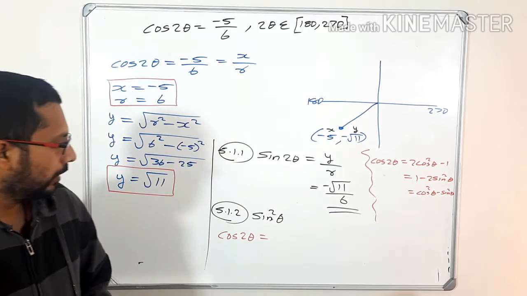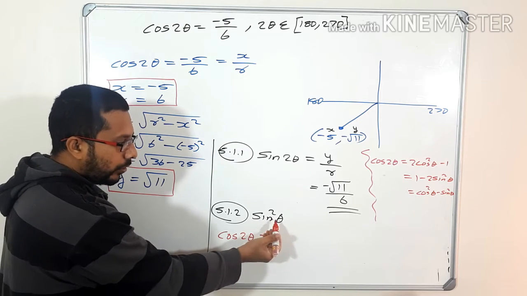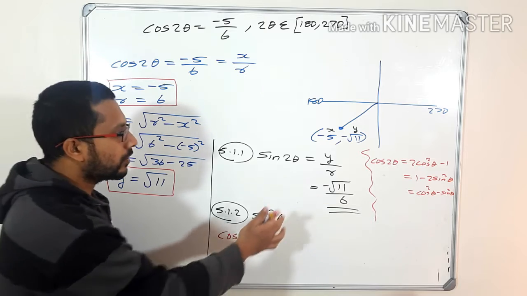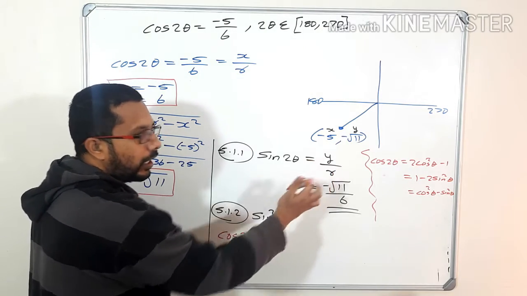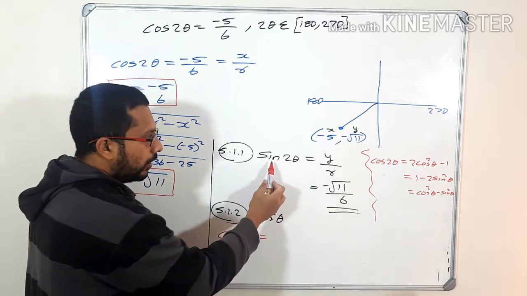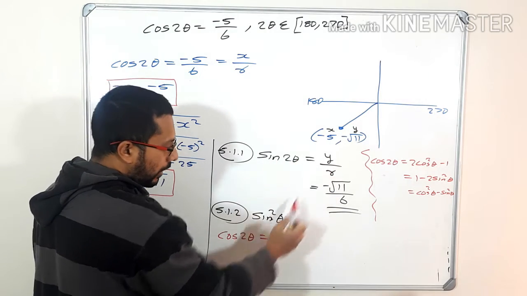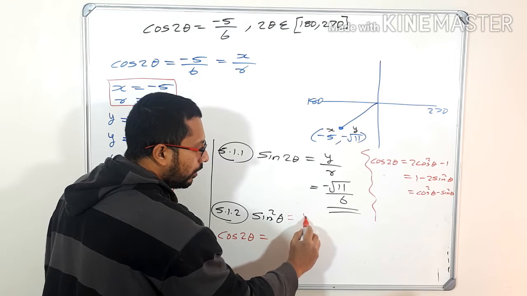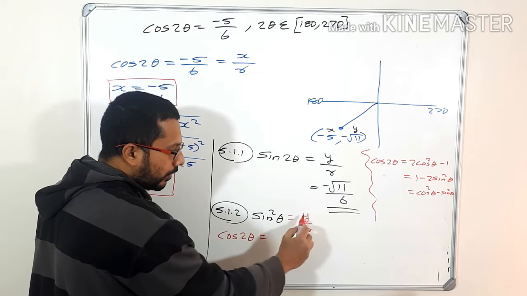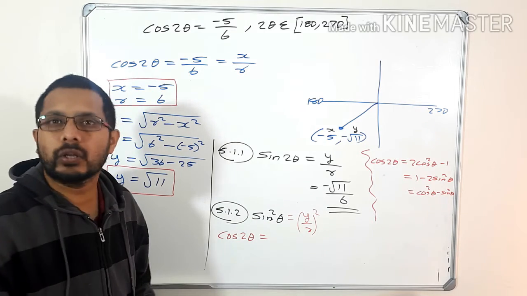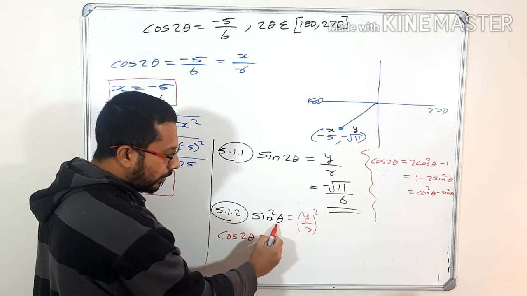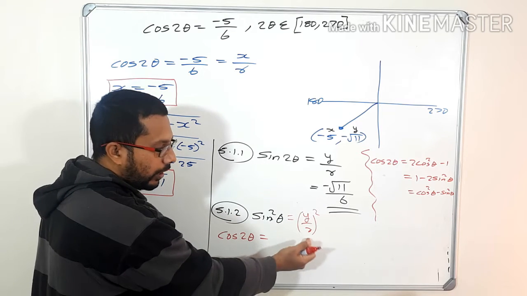We have to find the value of sine squared theta, not sine squared 2 theta. So we can't just apply y by r the whole square. Sine theta is y by r, so sine squared theta is y by r the whole square. That is wrong, because here the angle is 2 theta, but here the angle is theta, so you can't write like this.